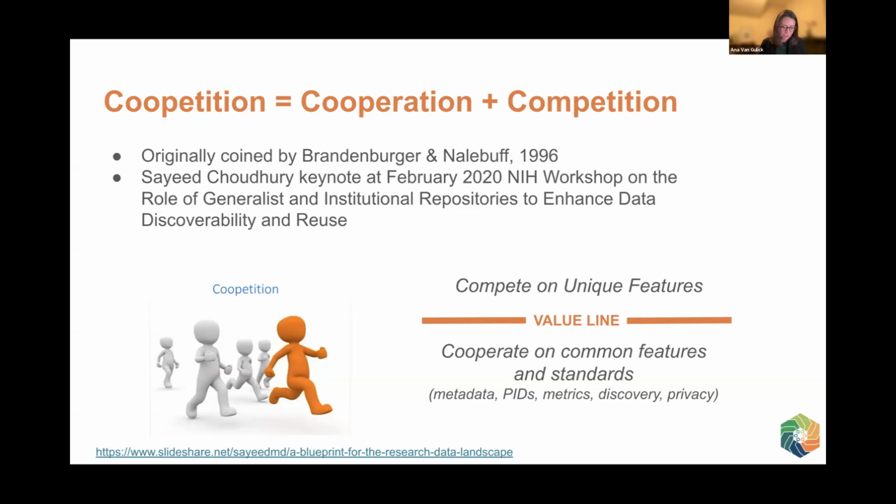In the context of generalist repositories, we take this to mean drawing a value line, with some repository features falling above and below this line. Below this line, our repositories cooperate on having common features and common standards, for example, metadata, persistent identifiers, and metrics. And above the value line, we continue to compete with each other, offering certain unique features and services.